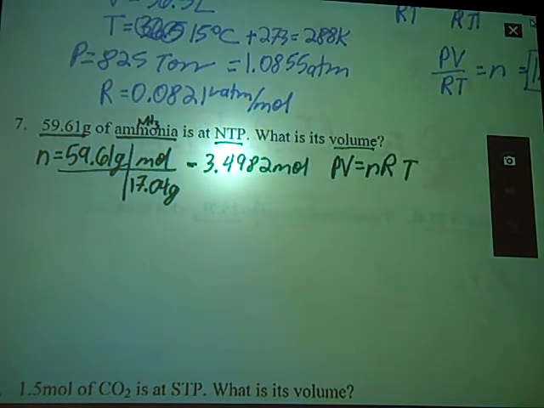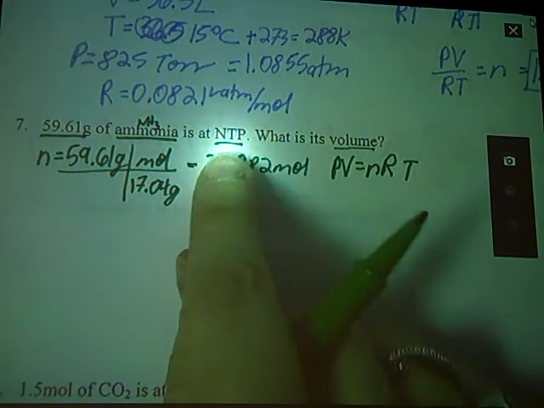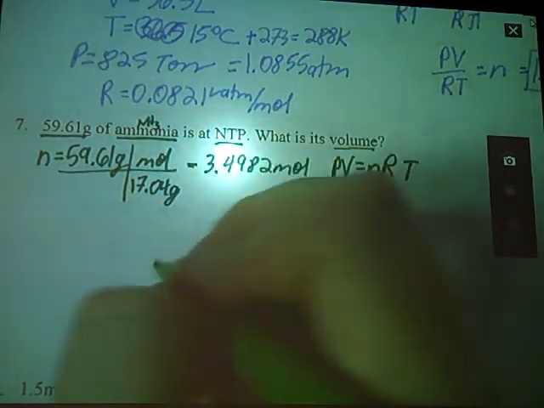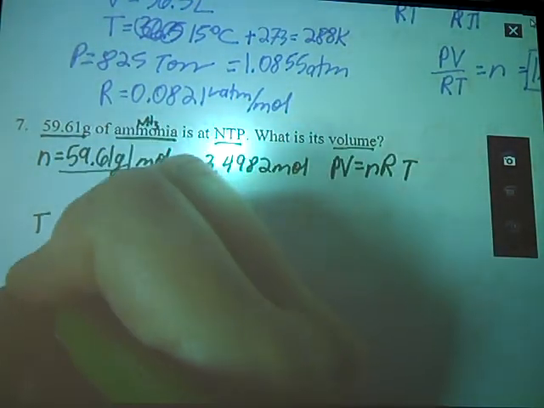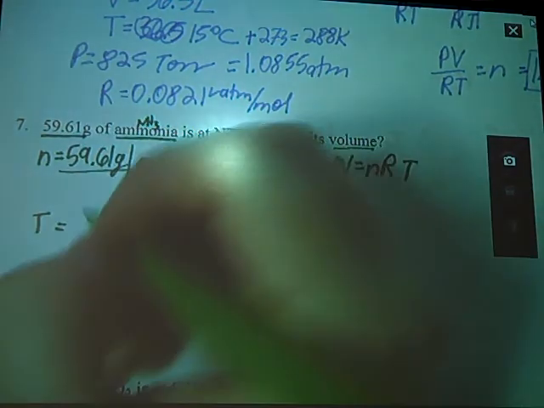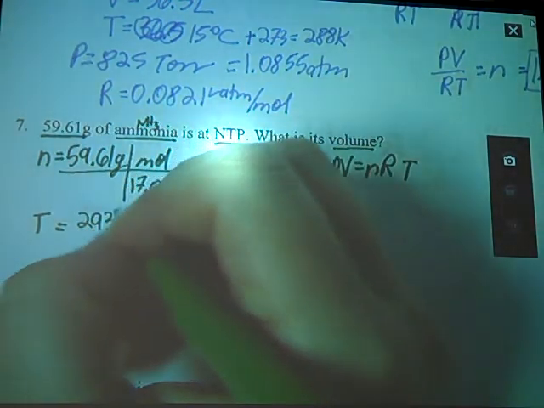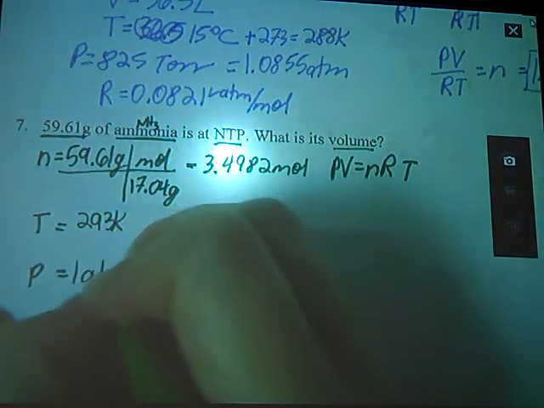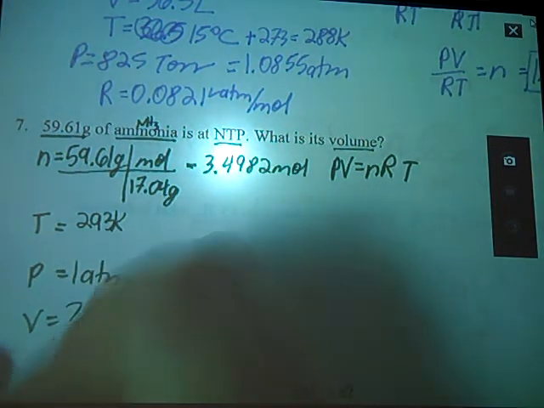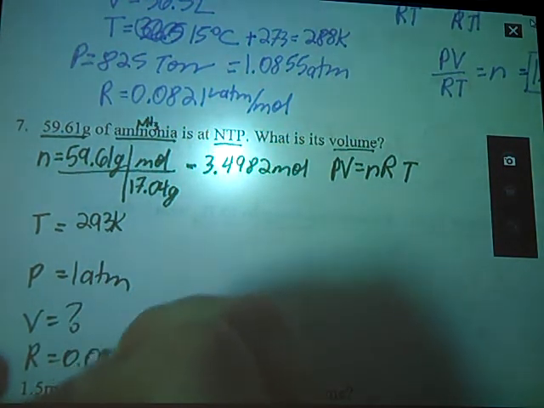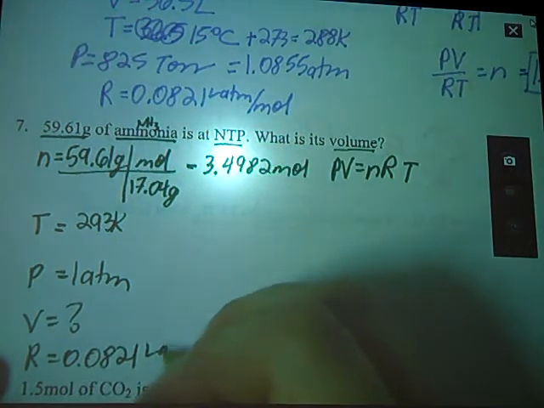That seems to be all I had. But remember we talked about those abbreviations, STP and NTP. NTP was normal temperature and pressure, so it will give me both a temperature and a pressure. Temperature was 293 Kelvin, and pressure was 1 atmosphere, and they ask me for the volume. R is a constant.